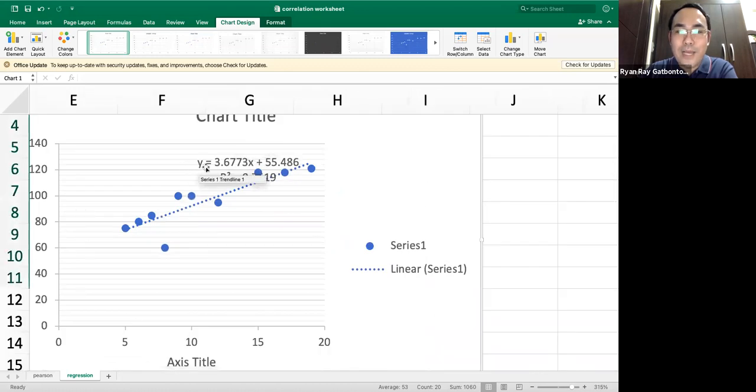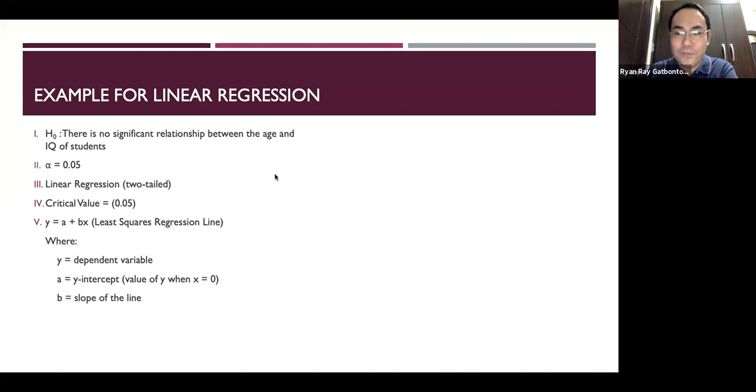The formula is y equals 3.6773x plus 55.486. This is your a or y-intercept, and this is the slope of the line, or your b. This is your x value, which we will use later to predict the variables. Knowing our least squares formula, we transfer it to our solution.